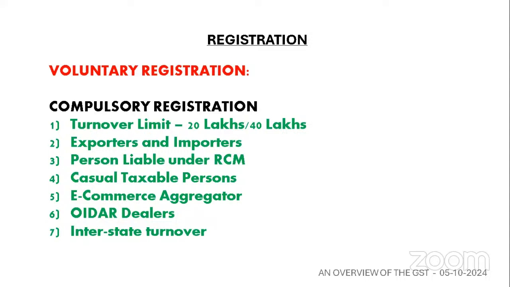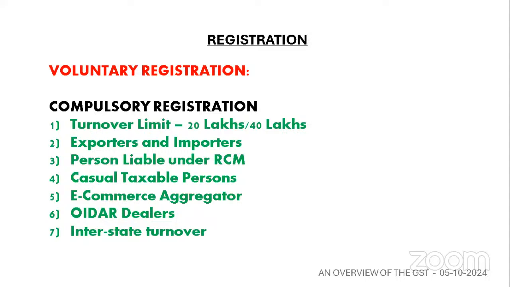Whereas if you are carrying out the business of only sale of goods, then your turnover limit will be 40 lakh rupees. If your turnover is less than 20 lakh rupees or 40 lakh rupees, registration is not required.